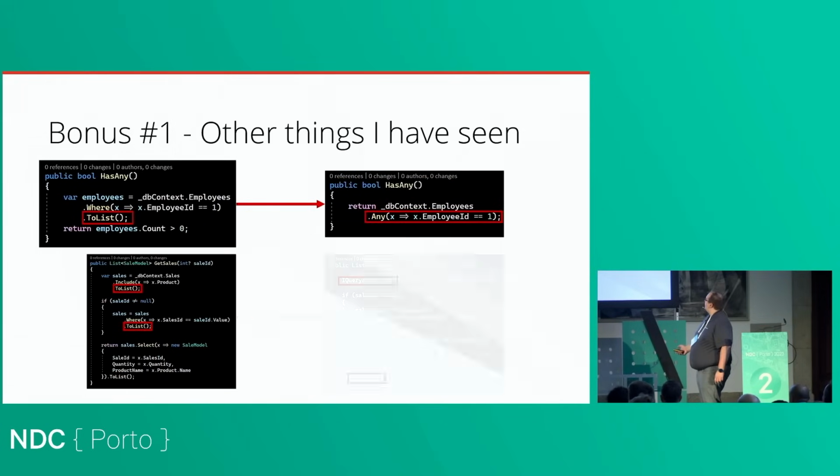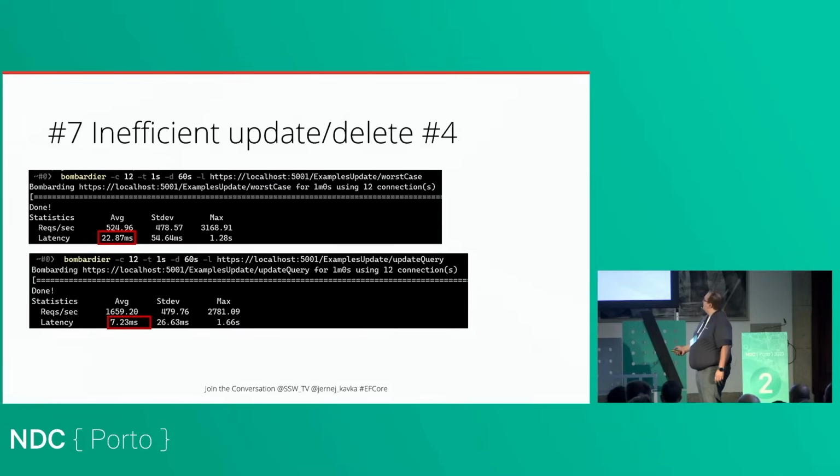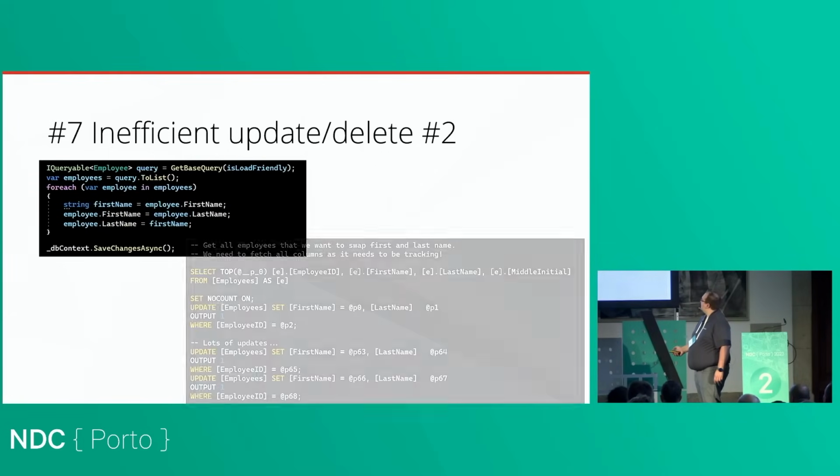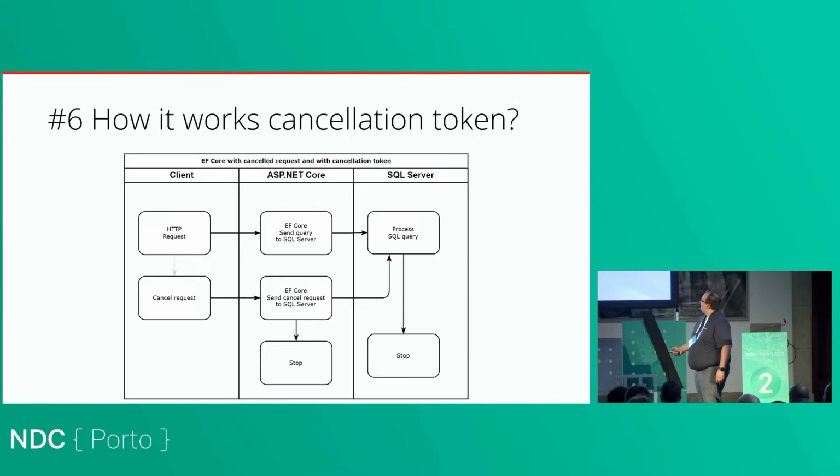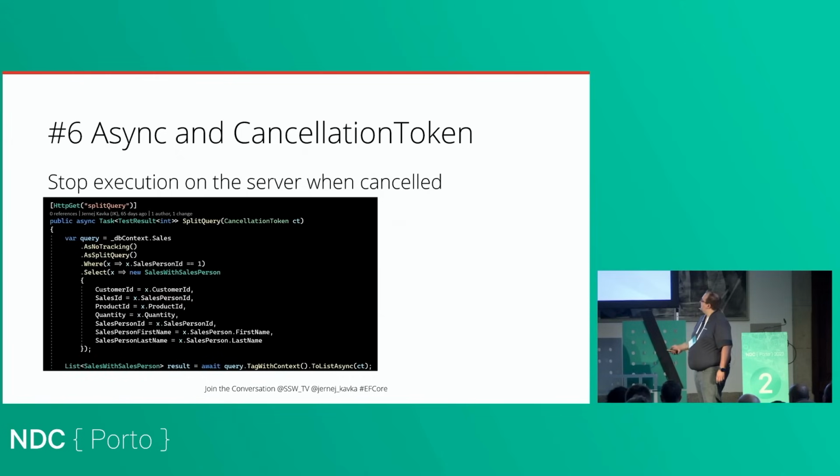Let me try to find one where we have, I think it's, nope, not that one. Come on. Yeah, so here. What happens is if we do, instead of salesperson first name, if we do salesperson equals x.Salesperson. Now, I thought that if you don't do AsNoTracking and you do select, you're good, right?